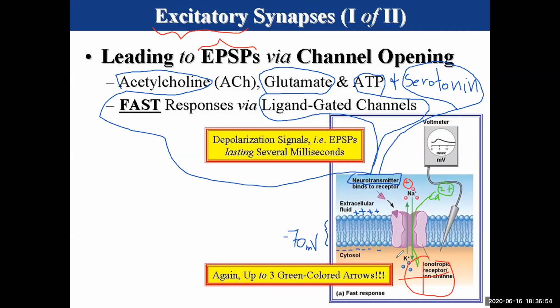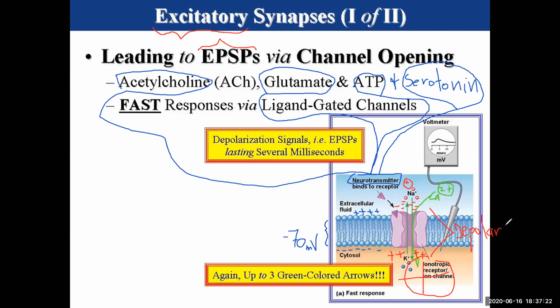What's going to happen is around this area now you have flipped the polarity, and out here you have less positive charge indicated by negative sign, right? Now you just flip the polarity, and this is called a depolarization signal. You just depolarize the cell. You just flip the polarity of the cell.